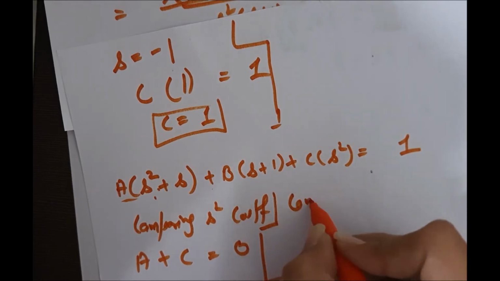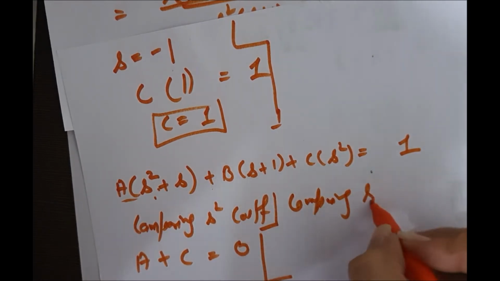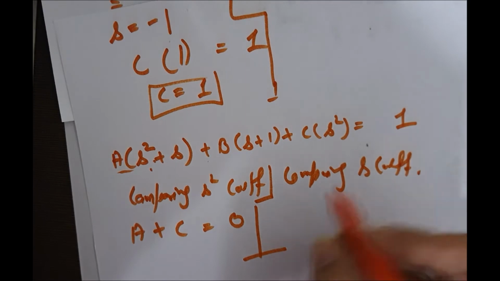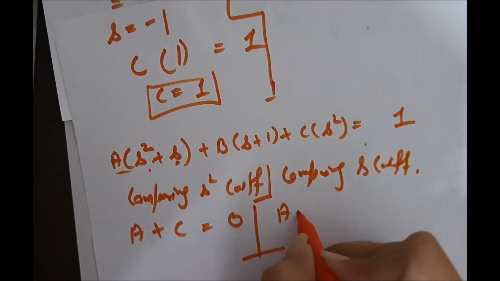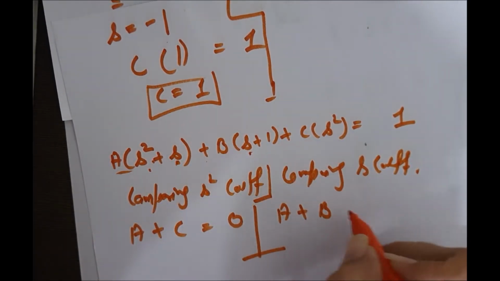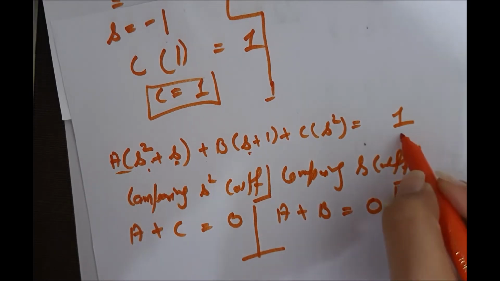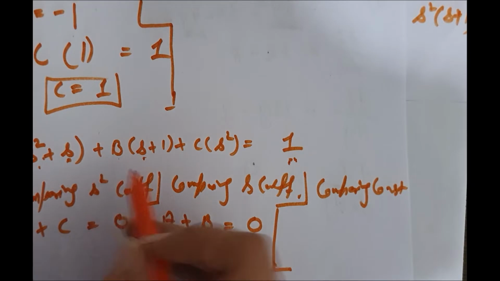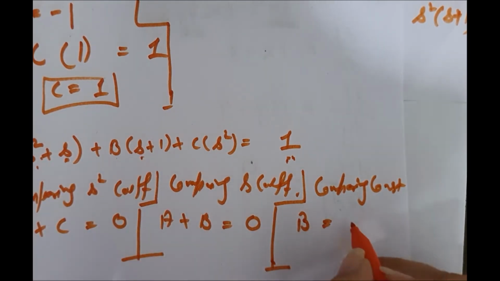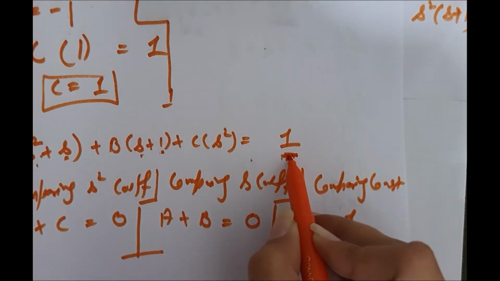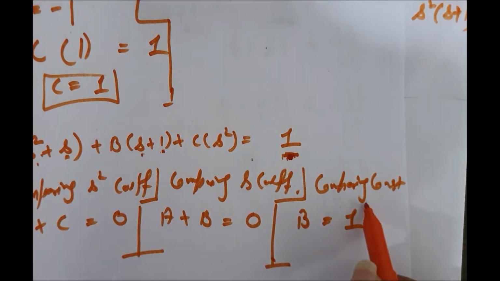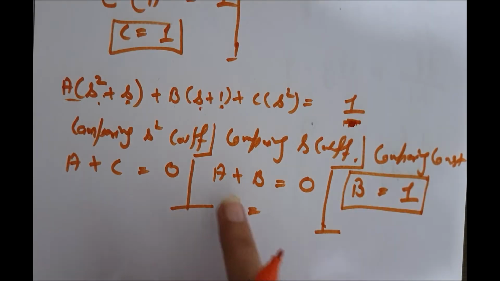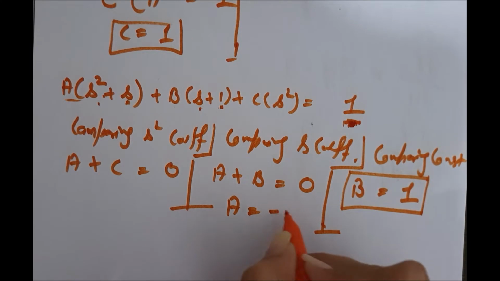Now comparing s coefficients, that is a plus b is equal to 0. Here no term of s is there. Now comparing constants, b is equal to 1. Here on the right hand side one term is there, that is constant, so b comes out to be 1. And from here a comes out to be minus 1.